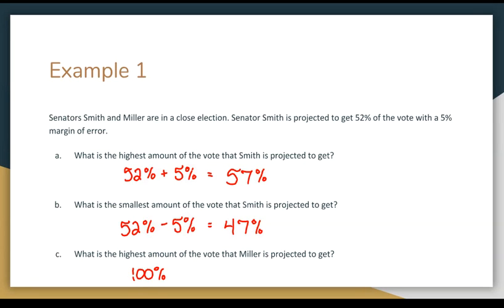So if we take 100% minus the smallest percent that Smith is projected to get, then Miller could win this election. If Smith gets the smallest percentage, Miller could win with 53%. Even if he didn't get his smallest, if he got 48, 49, 50, that would be a tie. But that's the highest amount that he's projected to get.